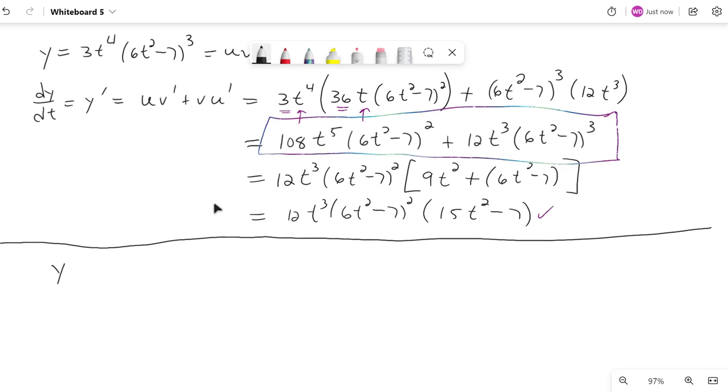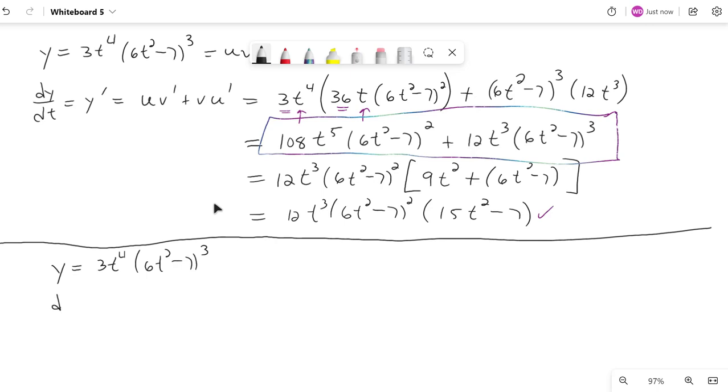So if you start with y equals 3t to the fourth times 6t squared minus 7 cubed, one of the major problems that students have is all this introduction of alternate symbols, of u's and v's and w's and other things. Students get lost. So a way to get around that is to use the differential operator. It's just there to remind you what's the next derivative you need to compute. So I'll do it that way.